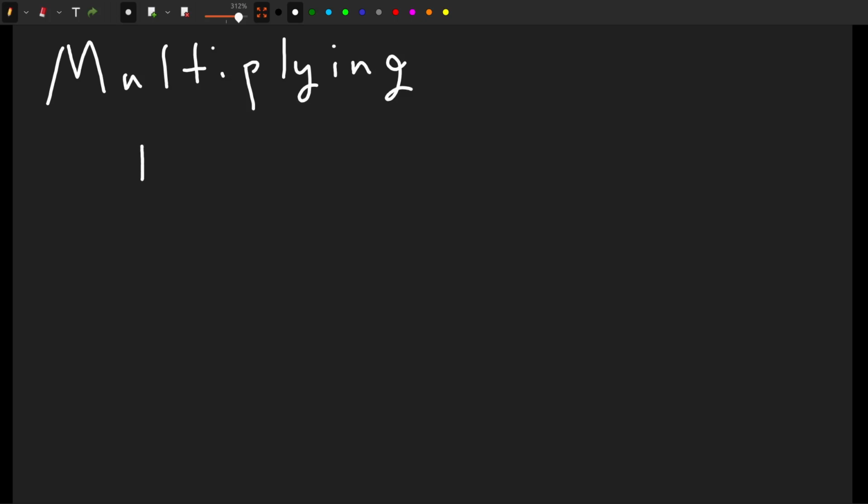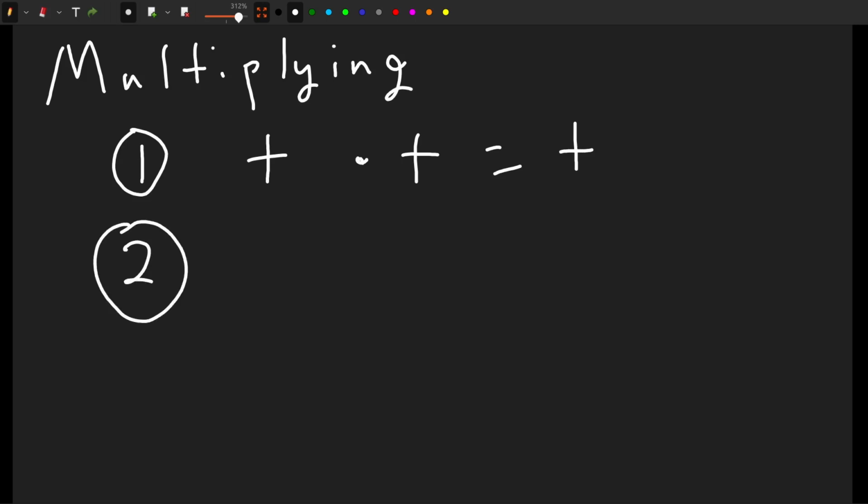And so the first rule is that obviously we know that a positive times a positive, so a positive denoted by the plus symbol times a positive is positive. The second rule is that a negative denoted by the minus sign times a positive is negative.